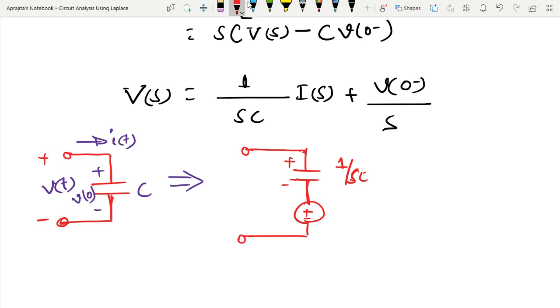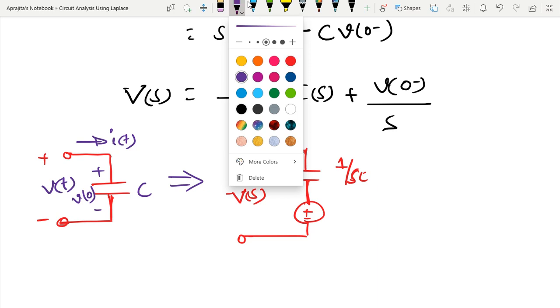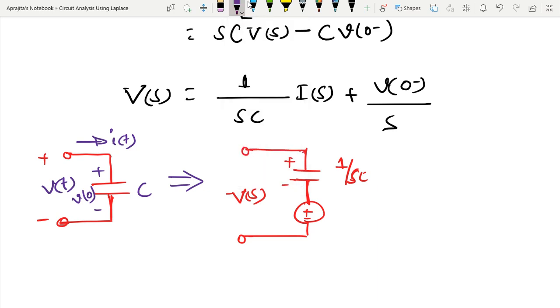So basically I have this, so this is Vs, and after that you can identify this particular voltage is v(0 minus) by S. So v(0 minus) or v(0) and v(0 plus) are all equal due to continuity. Due to that reason you can write either v(0 minus) or v(0), that doesn't matter. And here whatever current is going to flow through this circuit is like this. So this is one representation.